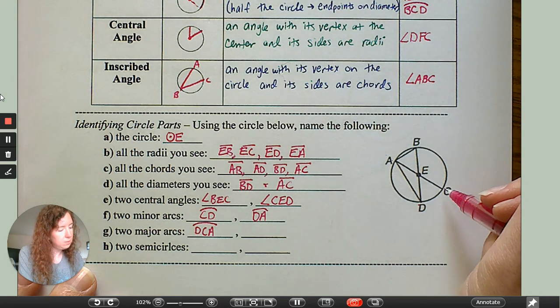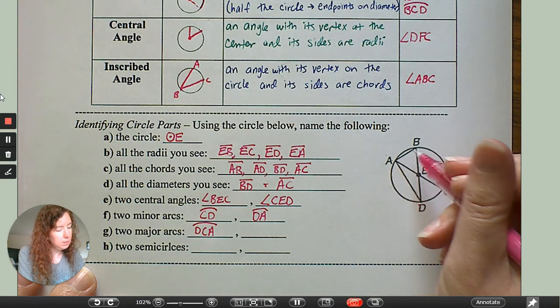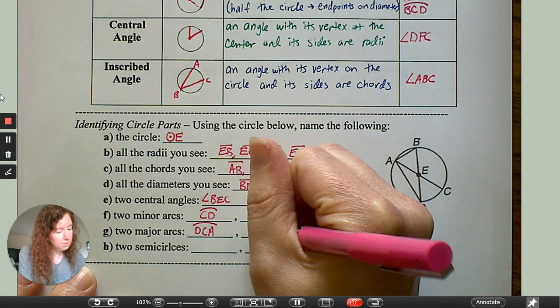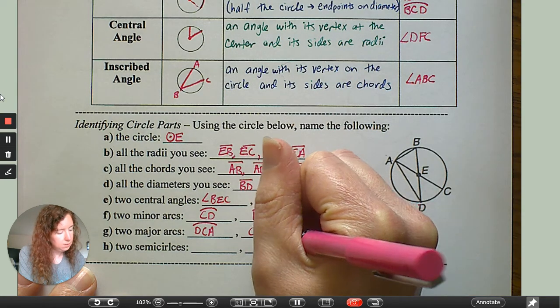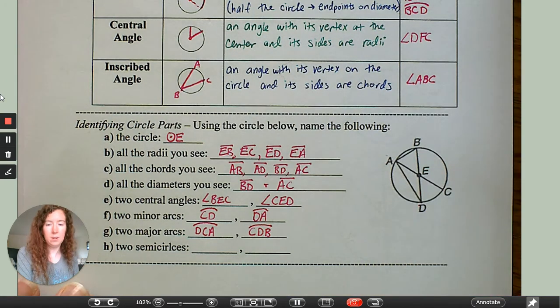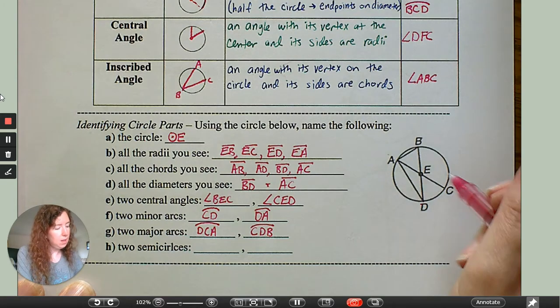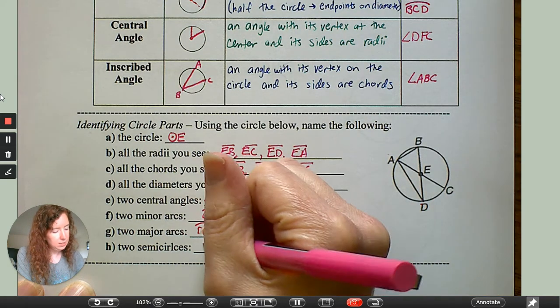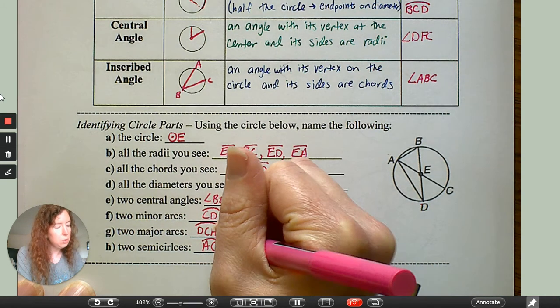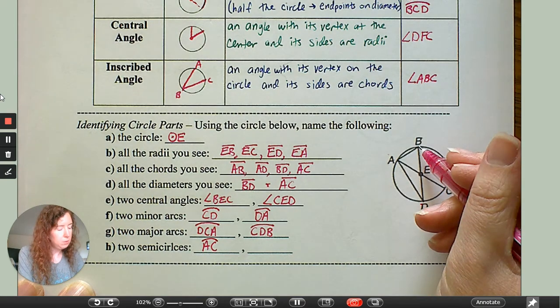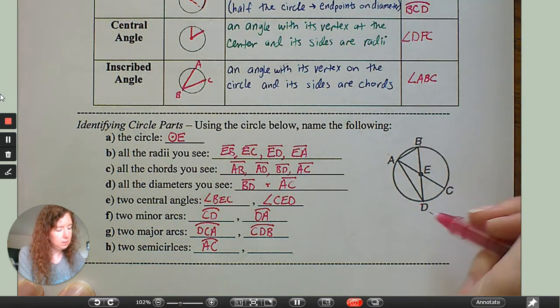How about if I go from C to D to B? C to D to B. All right. 2 semicircles. You could say AC. Remember, you can just use 2 letters, or if you want to use all 3, you could say BCD.